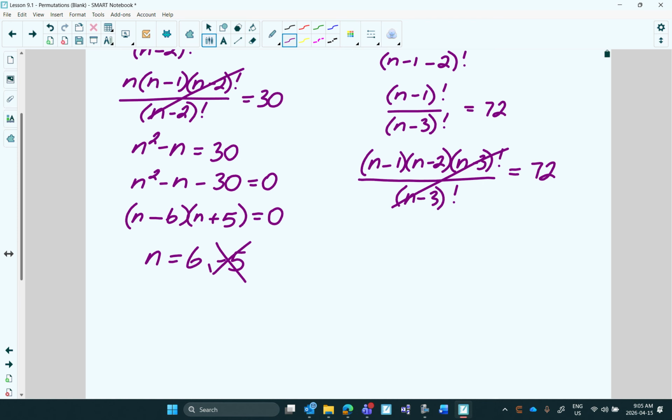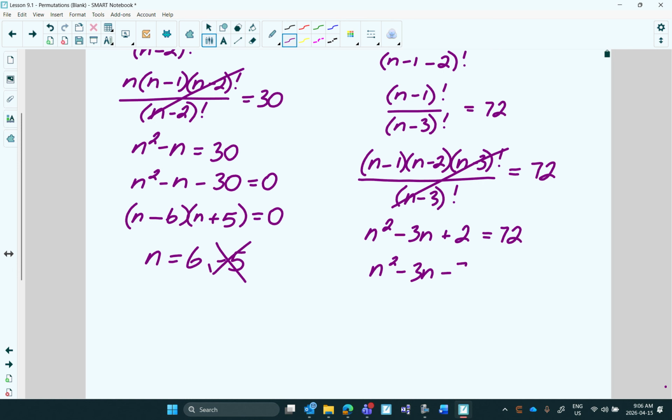Well, I'm going to have to multiply this out, bring the 72 over, and then simplify to factor it. So I get n squared minus 2n minus 1n is minus 3n. And then negative 1 times negative 2 is plus 2 equals 72. n squared, got to bring the 72 over.